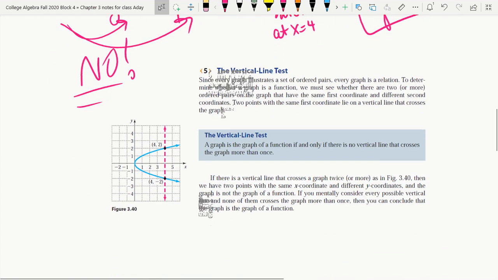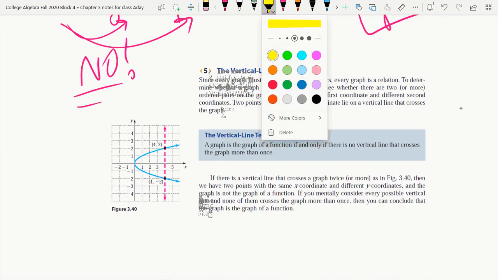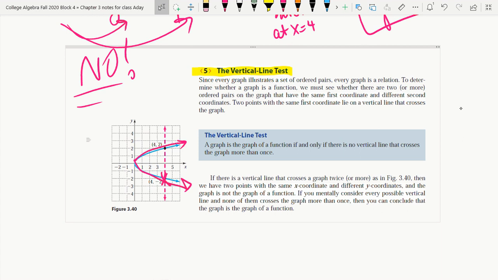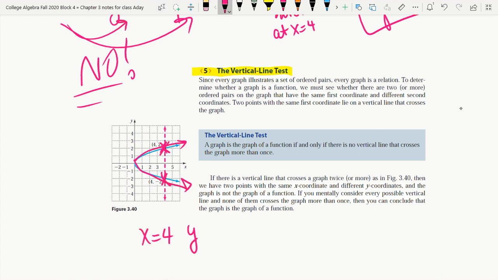Now the next one, if you have a graph, we have this thing called the vertical line test. Look at this graph, this is a parabola opening to the left. You see that when x equals 4, my y is positive 2 and my y is negative 2.